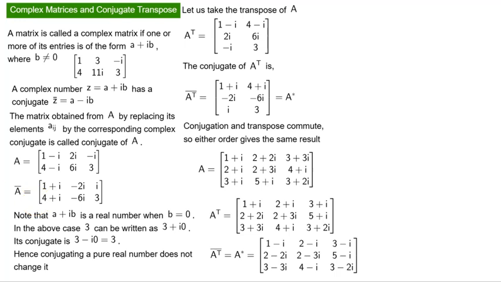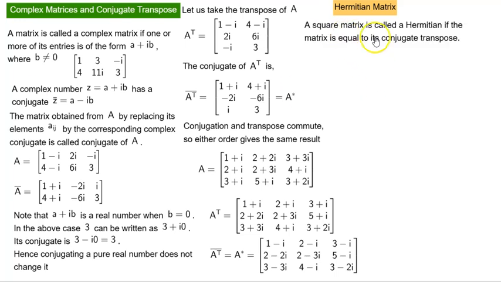Now, within this, we have the Hermitian matrix. Now, what is that? A square matrix is called Hermitian if the matrix is equal to its conjugate transpose. So here it is not the case, but if this conjugate transpose is equal to this matrix, then we would call it Hermitian.